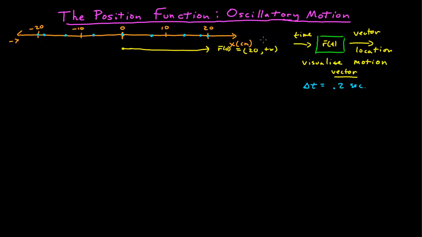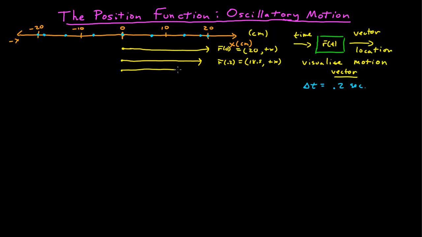It's along the positive x-axis. Everything's in centimeters here. And so at t equal to 0.2, that's going to be here, and we see that it's slightly less. So r at 0.2, we said about 18.5. It's also pointing along the positive x-axis.